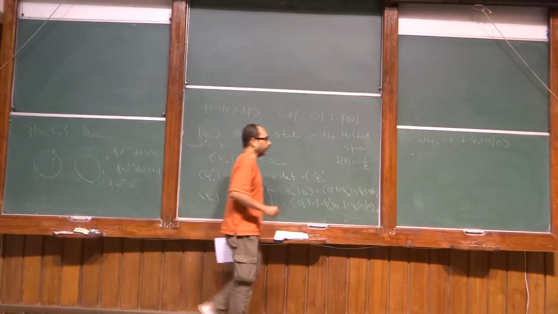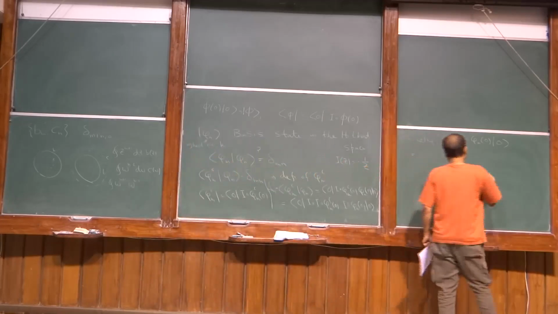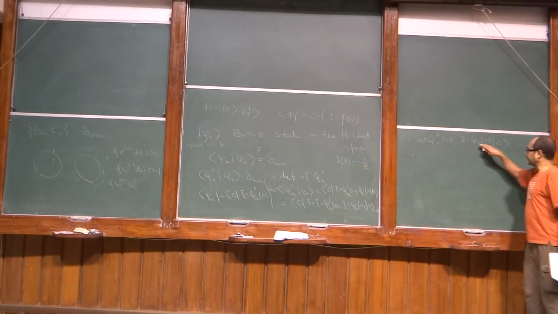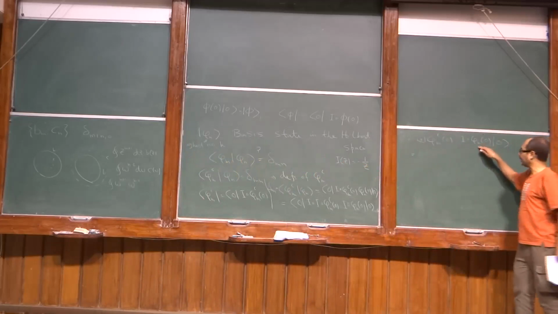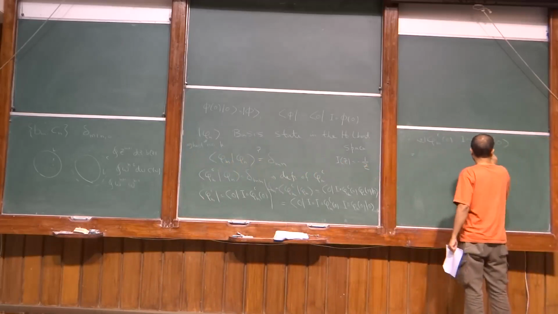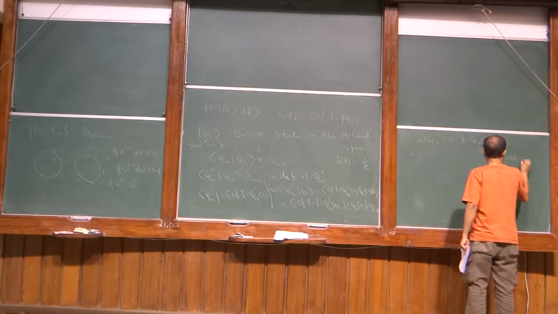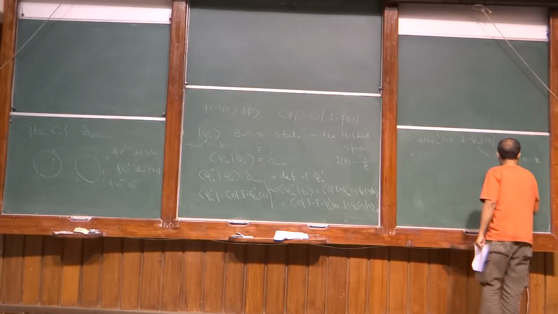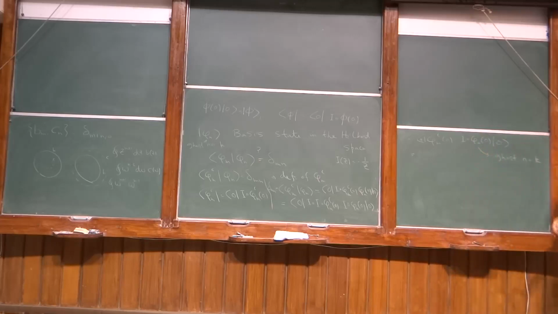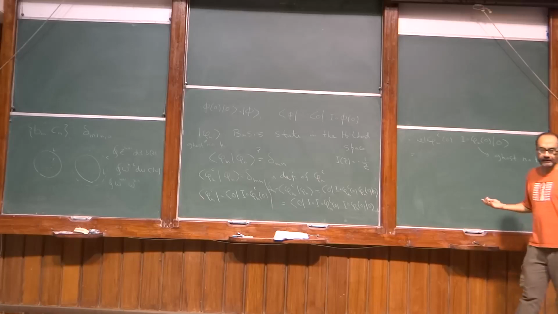However, there is one subtle point, and that is that if phi n carries ghost number k, then this is Grassmann even for k even and Grassmann odd for k odd, because ghosts are anti-commuting.